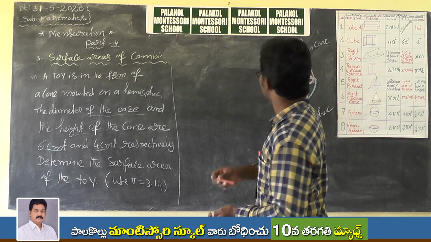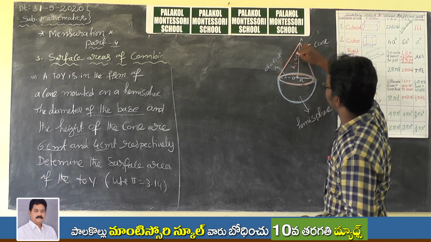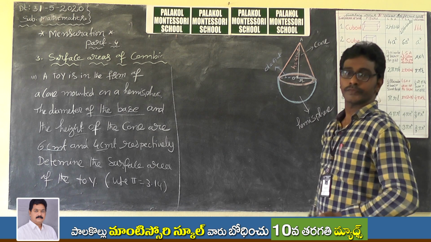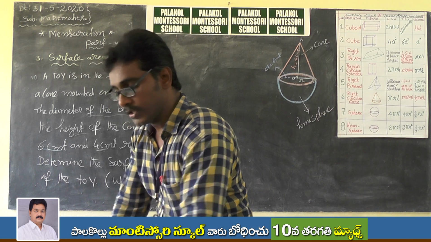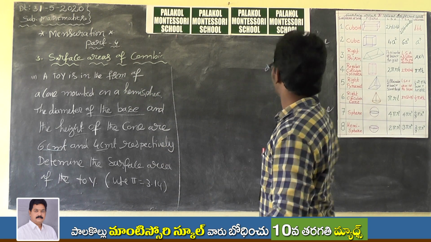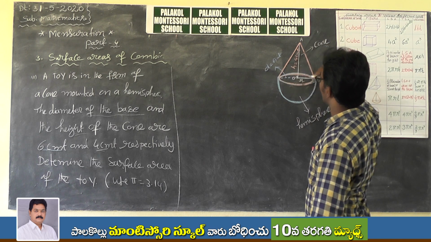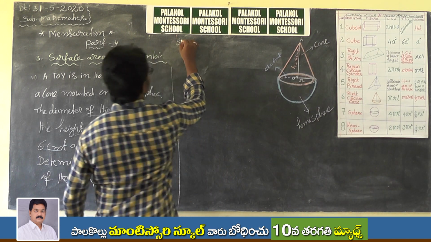The height of the cone, h, is equal to 4 centimeters. Now first you find out the lateral surface area of the cone, because we start with the cone solid. Now I do the sum.